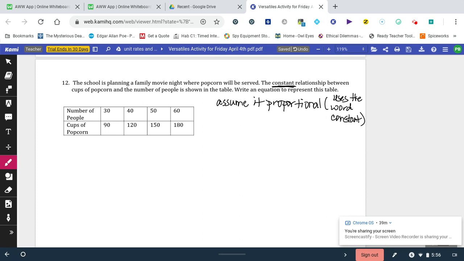You don't see a unit of time on here. Your units are number of people and cups of popcorn. But the cups of popcorn that you're going to use depend on how many people are there. So I know cups of popcorn depend on the number of people.